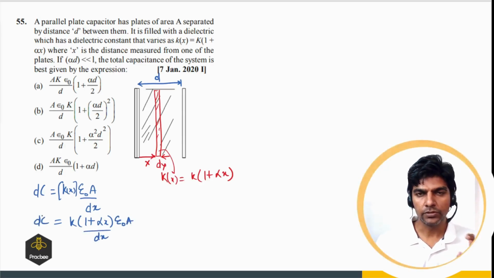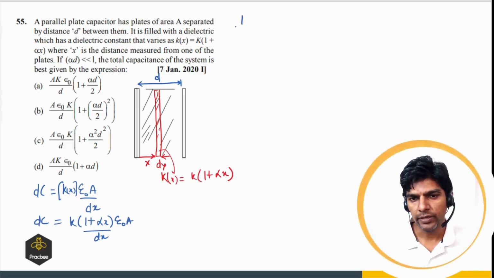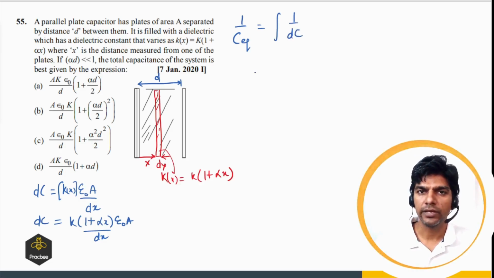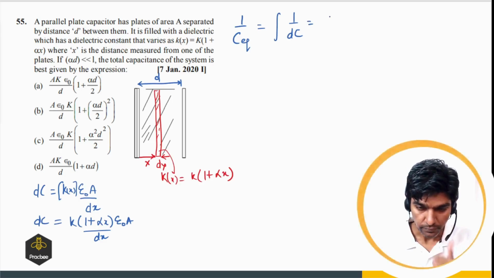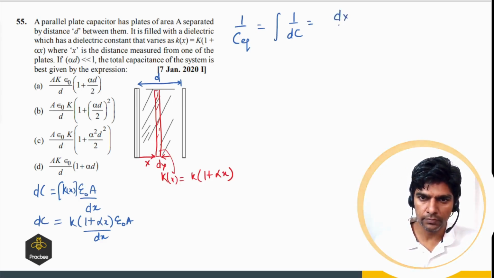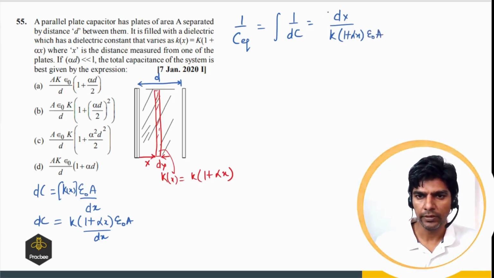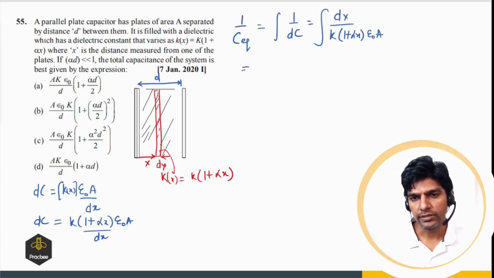Now that is the capacitance of one of the slabs, and all the slabs are connected in series. So if you want to find the equivalent capacitance, it will be nothing but the integration of 1 by dC, because they are connected in series. So this can be written as dx divided by k (1 plus alpha x) epsilon naught A, integration of this.